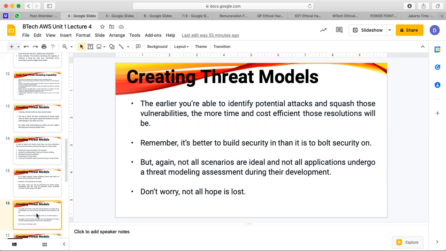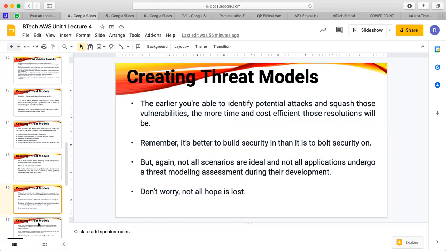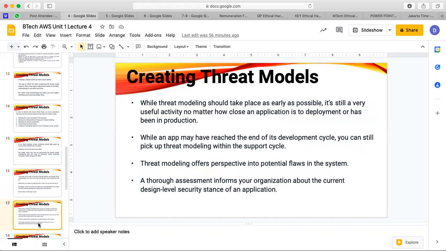But again, not all scenarios are ideal and not all applications undergo a threat modeling assessment during their development. But don't worry, not all hope is lost. We shall try our best to make our software more secure.